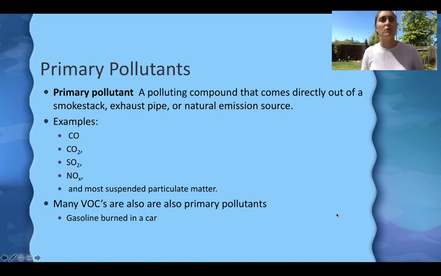The emission of exactly that is considered an air pollutant. Many VOCs are also considered primary air pollutants, so things like gasoline in your car. The second they leave that smokestack, the second they leave your car, they're already considered a problem for the air, a pollution.